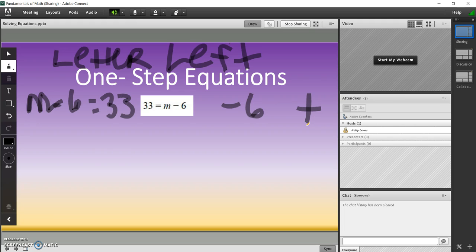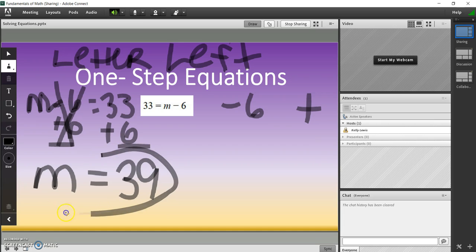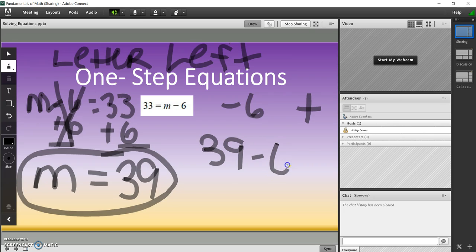Whatever you do to one side, you have to do to the other. So -6 plus 6, those cancel, and now I have 33 plus 6, 39. I'm going to check it. 39 minus 6 is 33, which is what we get right there. So we're correct.